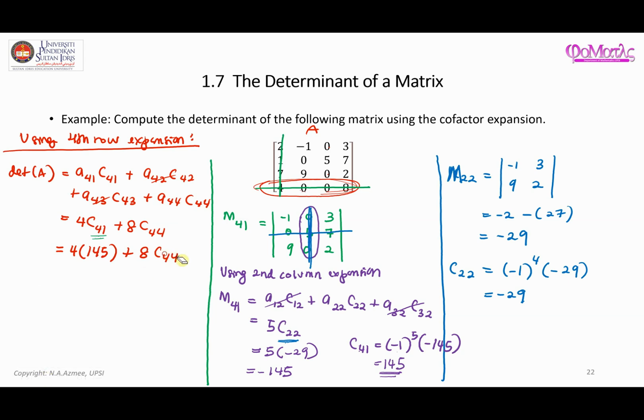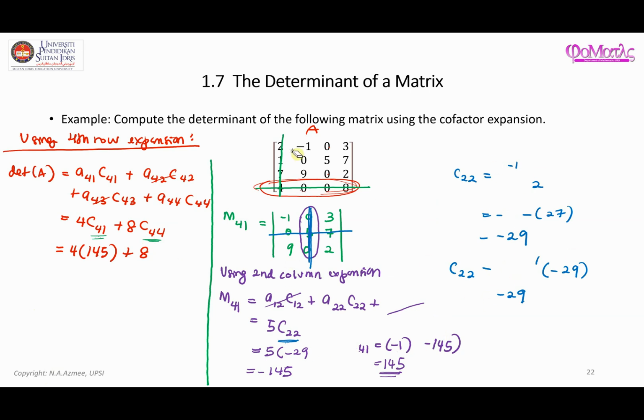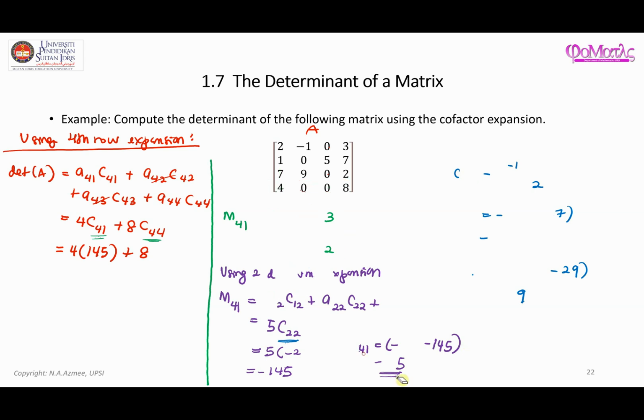So our job is to just find the value of C44. And to find the value of C44, I just need to erase the space.